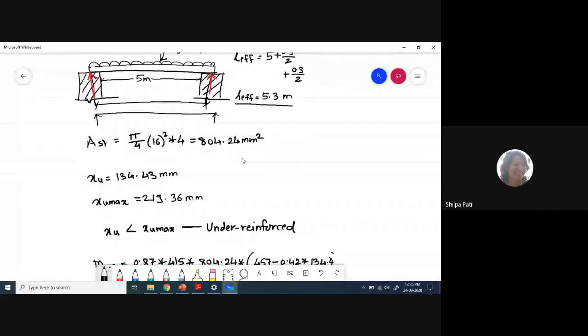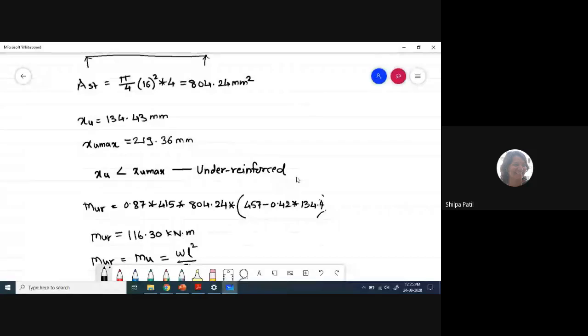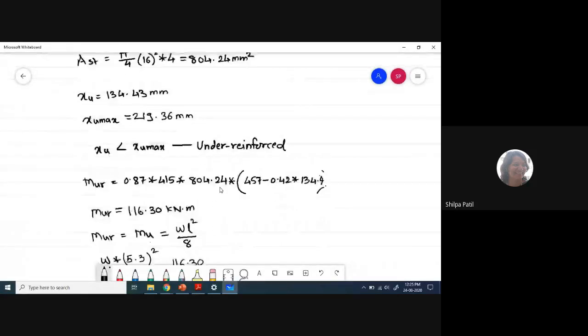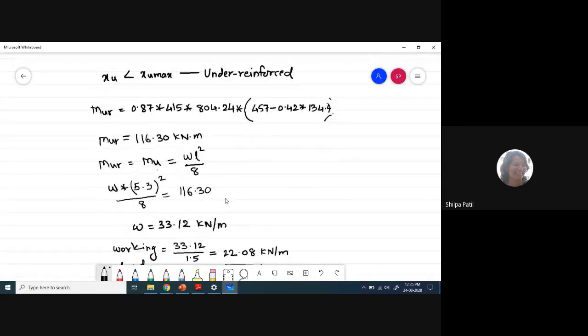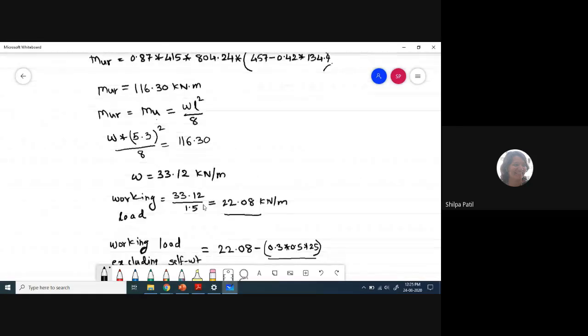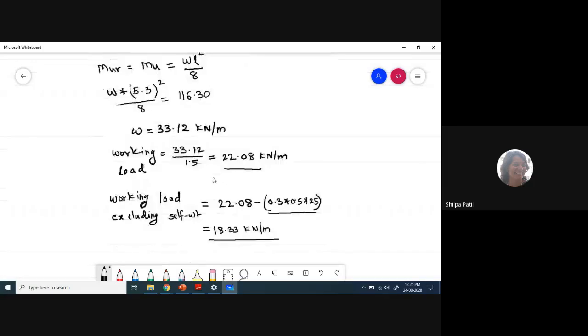We found that it is an under-reinforced section. Then we calculated MUR by using the suitable formula. We equated it to the maximum bending moment WL square by 8 to find out W. This is the design load. Then we calculated working load by applying the partial safety factor. And then we calculated the working load excluding the self-weight. Is it clear to everybody? This particular problem? Yes. All right.